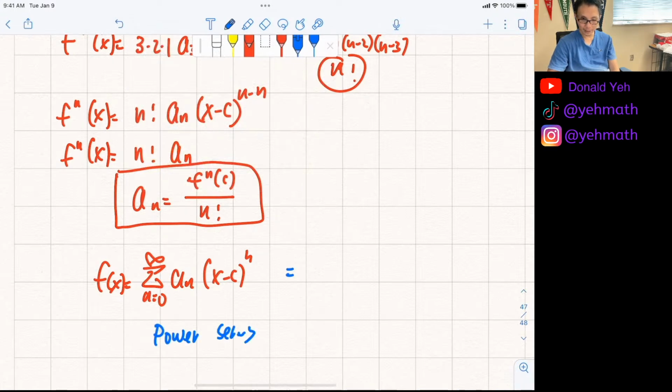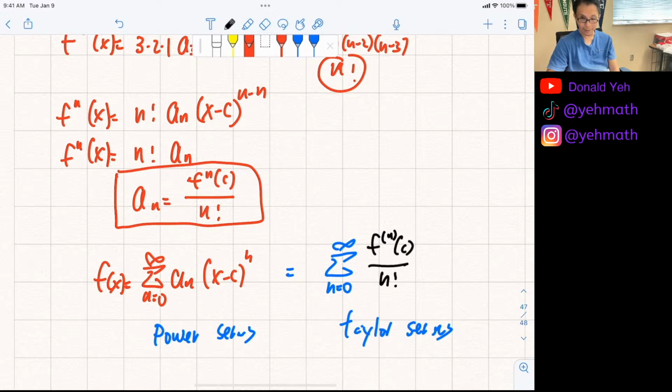Now, what the Taylor series basically says is, well, I know what a_n is now. I take n derivatives to discover it, and this discovery is f^(n) of c over n factorial.